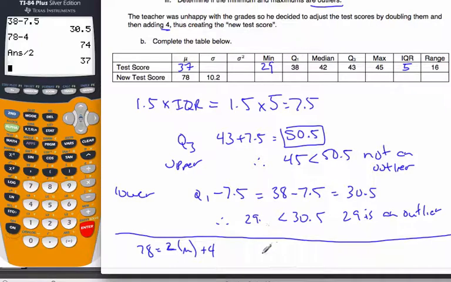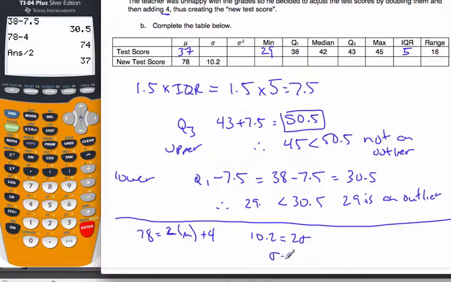For the standard deviation, 10.2 is the new standard deviation. Well, the original standard deviation is going to be half of the new one, since the doubling applies but not the plus 4. The shift left and right does not affect the standard deviation. And so the standard deviation then is going to be 10.2 divided by 2, which is 5.1.